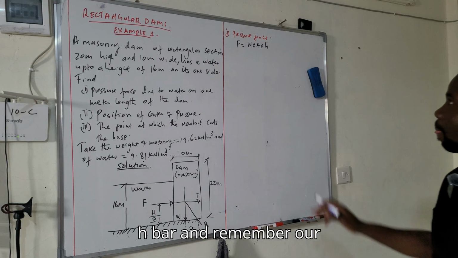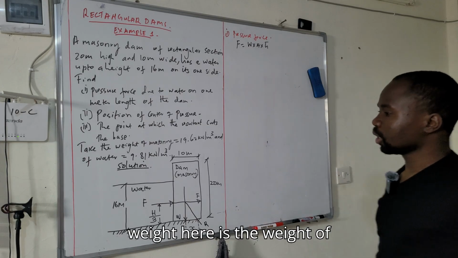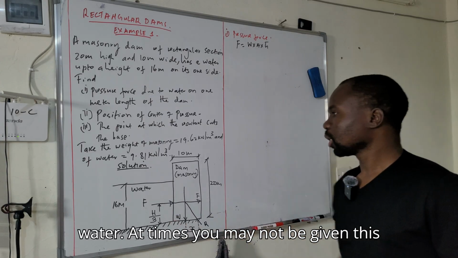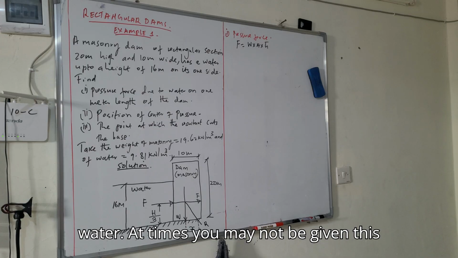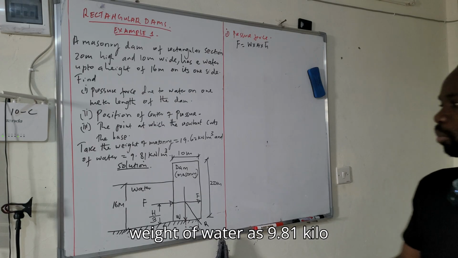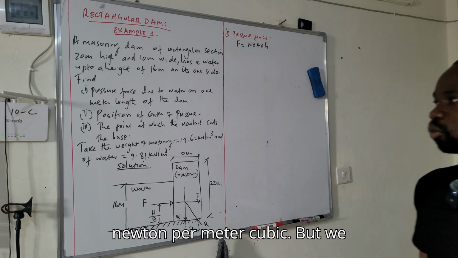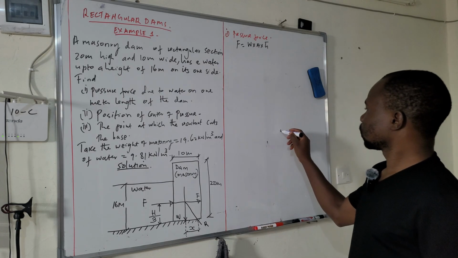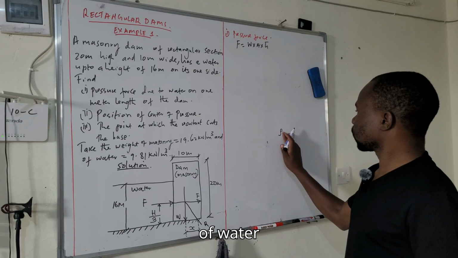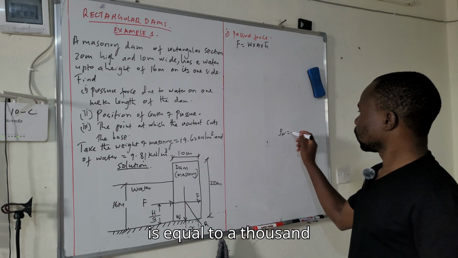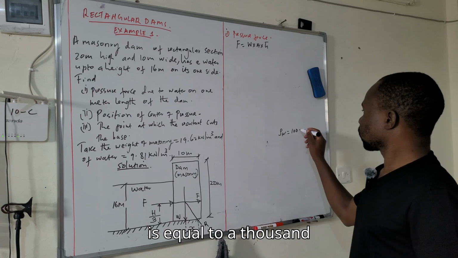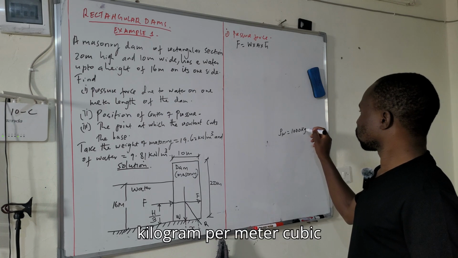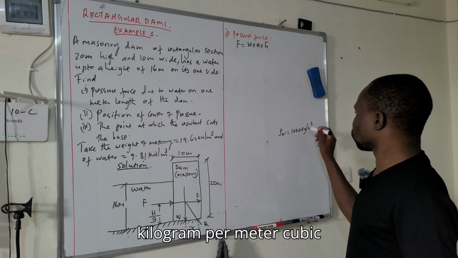And remember, our weight here is the weight of water. At times, you may not be given this weight of water as 9.81 kilonewton per meter cubed. But we know that the density of water is equal to 1,000 kilogram per meter cubed.